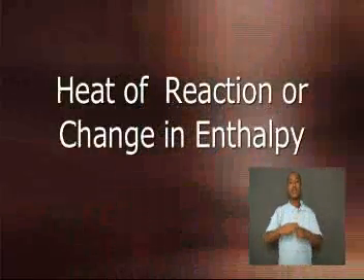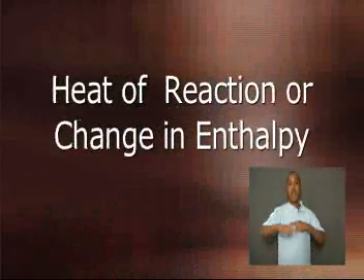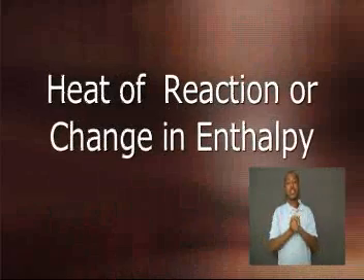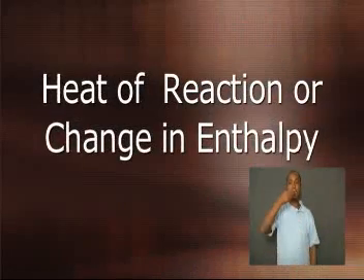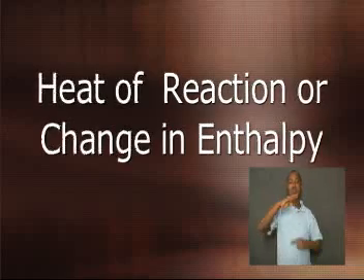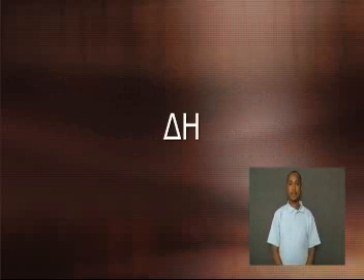The amount of heat energy absorbed or released by a chemical reaction is called heat of reaction or change in enthalpy of the reaction. We use this symbol to describe heat of reaction.